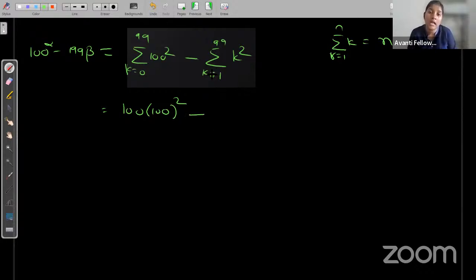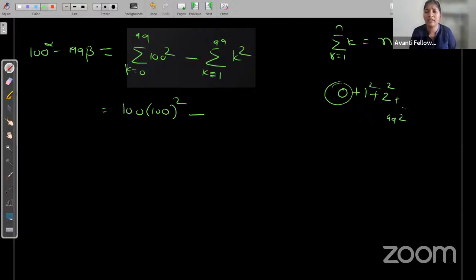Minus, yes, I took 1 to 99. I asked you the reason, right? Why is it 1 to 99, ma'am? Why is it not 0 to 99? It's not 0 to 99 because when you substitute k is equal to 0, what happens to this? It will become 0, right? So what's the question in it? It will be 0 plus substitute 1, 1 plus substitute 2, 2 square, so on, right? Up to 99 square.